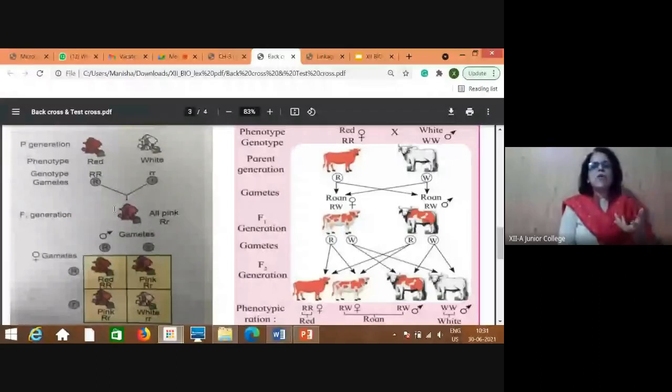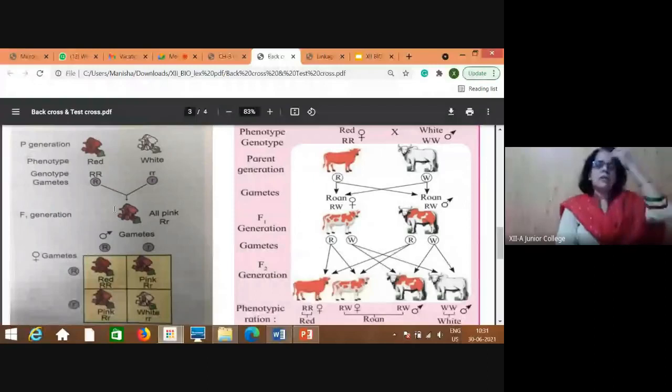As per the first law of Mendel, all the F1 progeny show the dominant characters. But when this is explained with the help of incomplete dominance, this law cannot be proved.